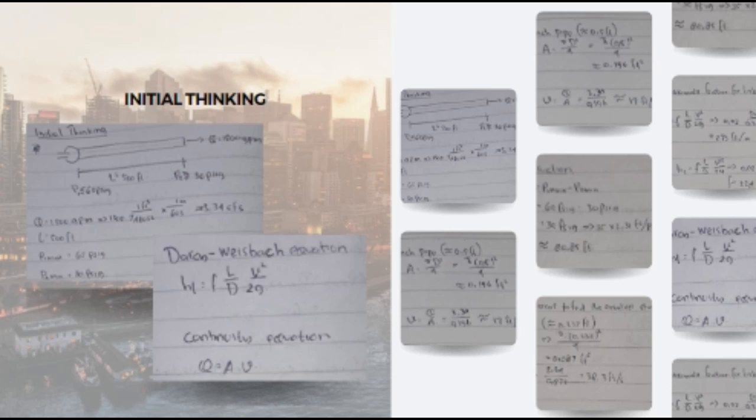So here we use the Darcy-Weisbach equation, which is head loss, HL, equal to F times L per D times V squared per 2 times G. And we also use the continuity equation, which is Q equal to A times V. So the idealization is, we assume that this system is steady state and the flow is incompressible.